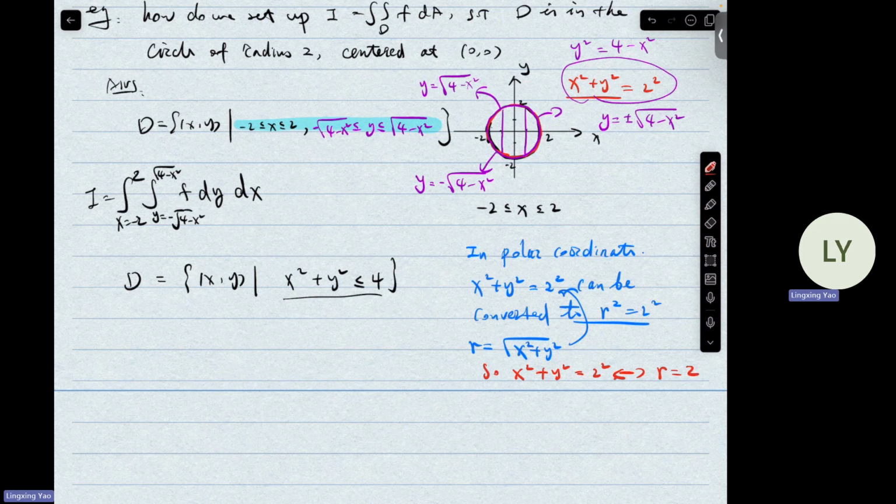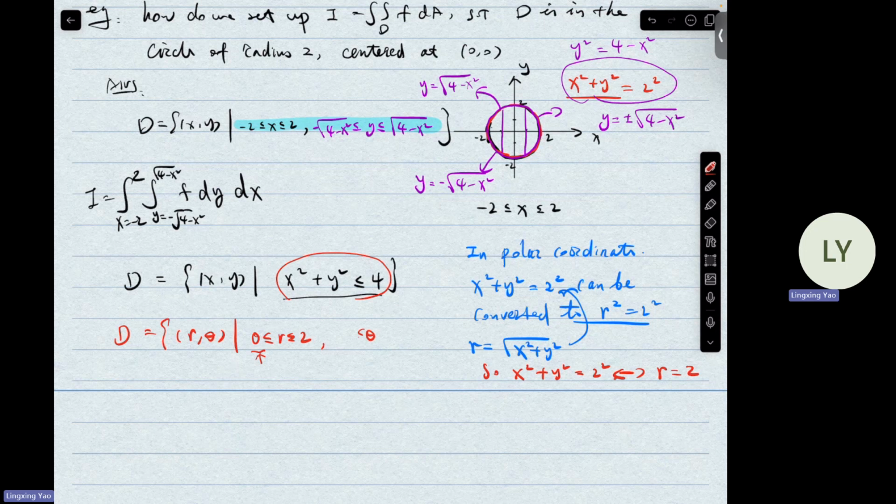All right, so now we can see the domain D could be written in terms of the polar coordinates r and theta, right? This is indeed telling us r is less than or equal to 2 because r is always assumed to be bigger than 0, so that is why we have this.